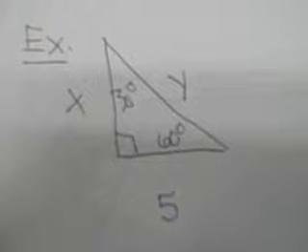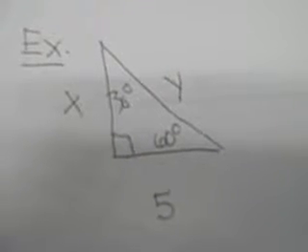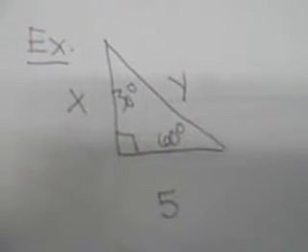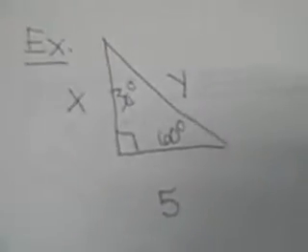Okay, I've labeled one side with 5 and the other sides with x and y. That's what we're trying to solve for. We're going to use the triangle with the n's, this one, and put n's on our own triangle to help us figure it out.